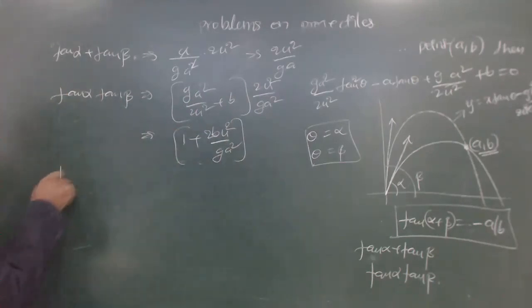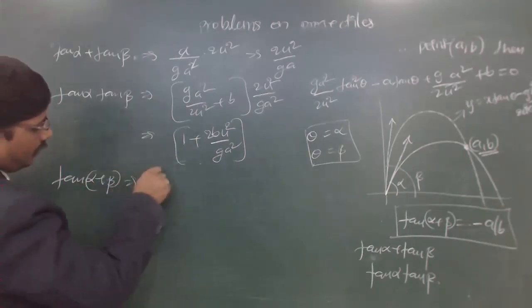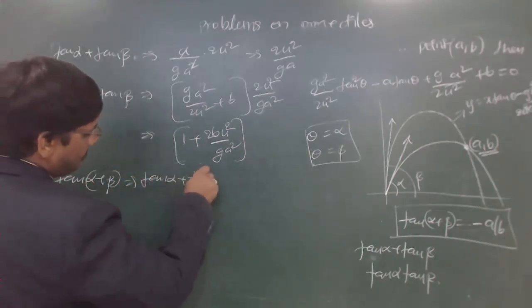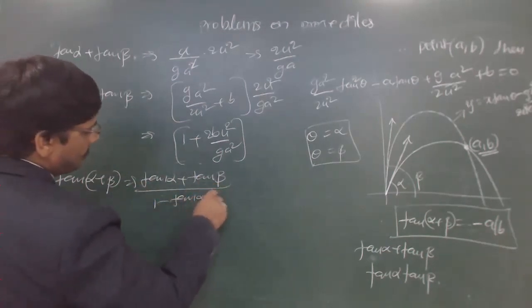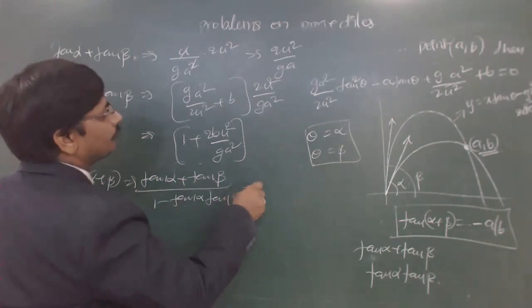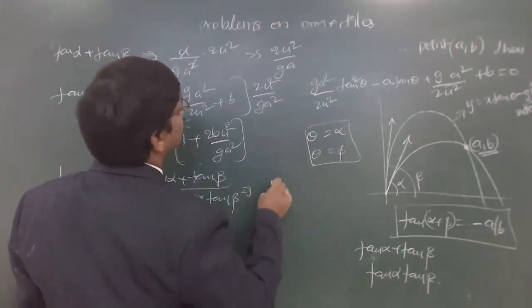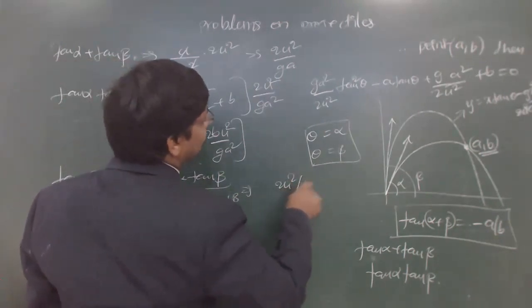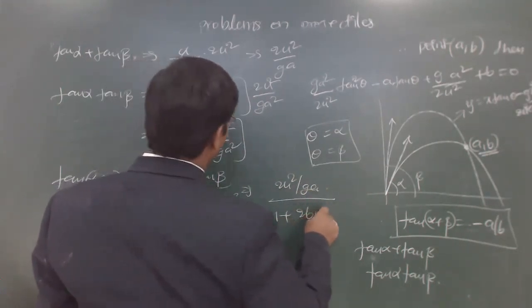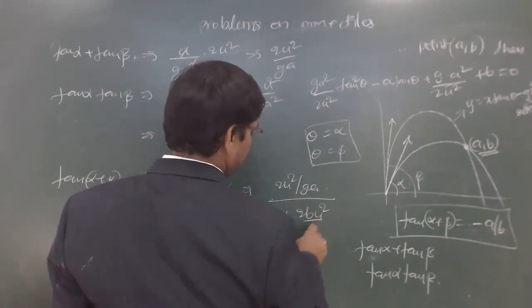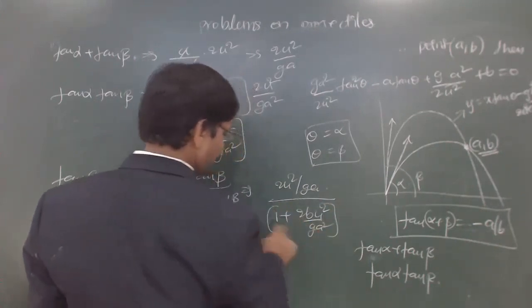Now tan of alpha plus beta is equal to tan alpha plus tan beta by 1 minus tan alpha tan beta, so the sum of the roots, 2u square by ga, divided by 1 plus 2bu square by g a square.